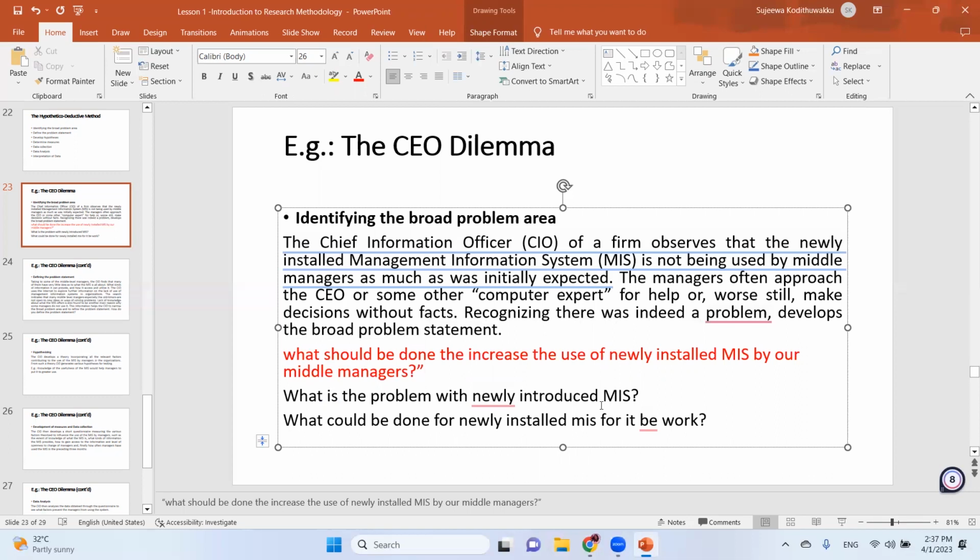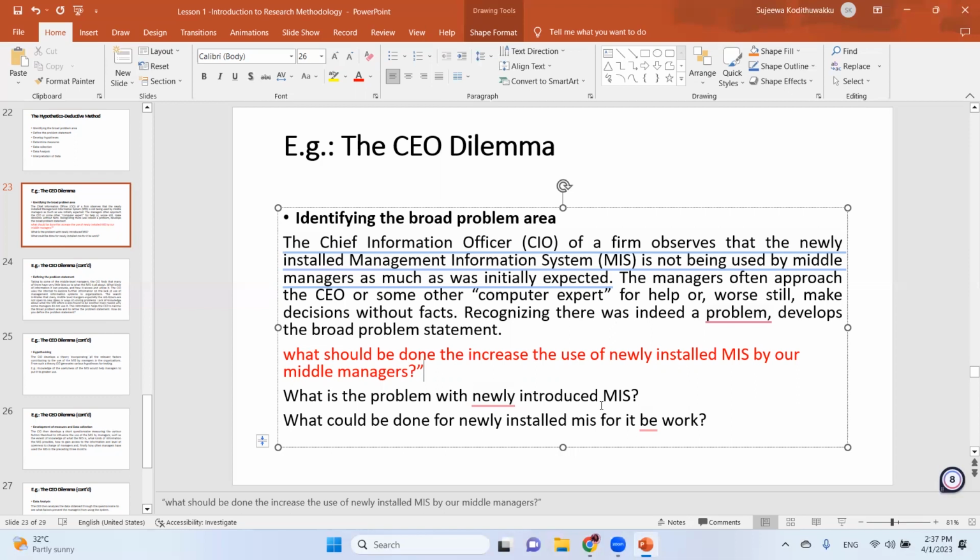Always they try to come to the CEO and other computer experts. They ask for help, right? They can't take a decision on their own. They need help from others. Recognize there was indeed a problem, or develop it broadly.